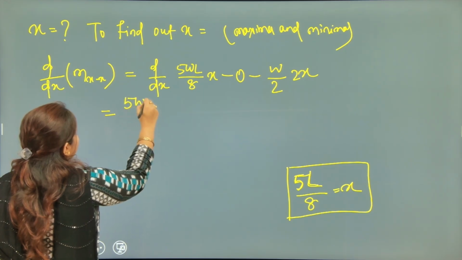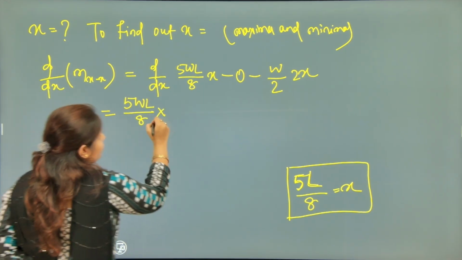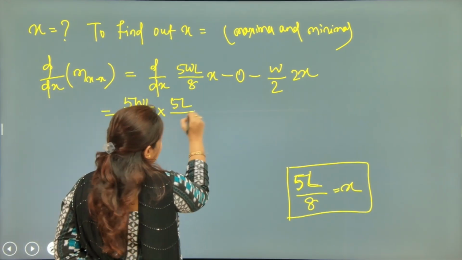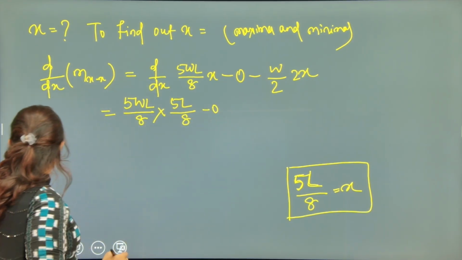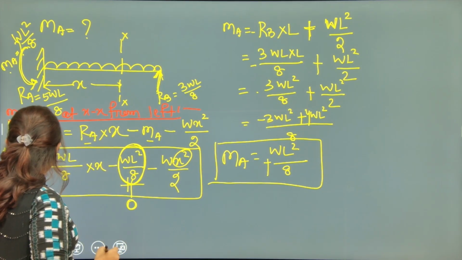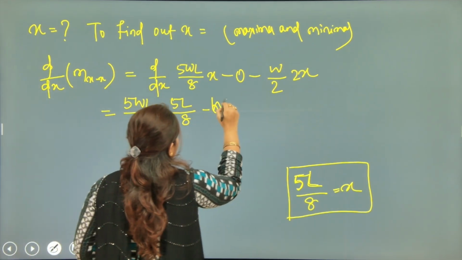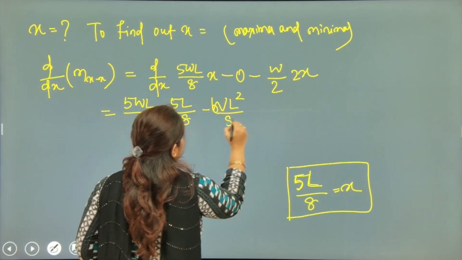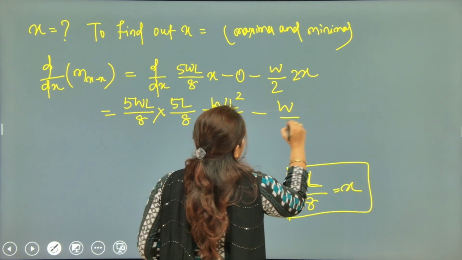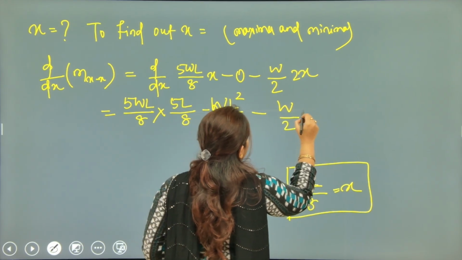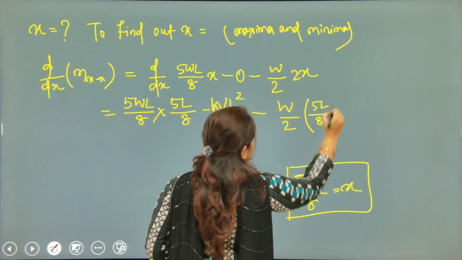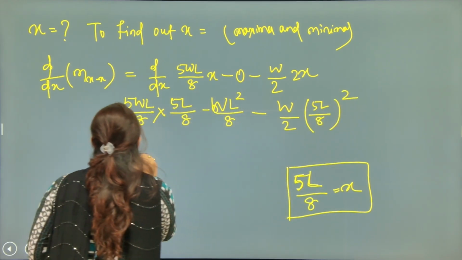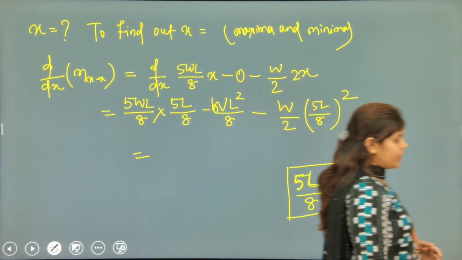That is 5WL upon 8 multiplied with 5L upon 8 minus WL square by 8 minus W by 2 into x square, that is 5L by 8 whole square.